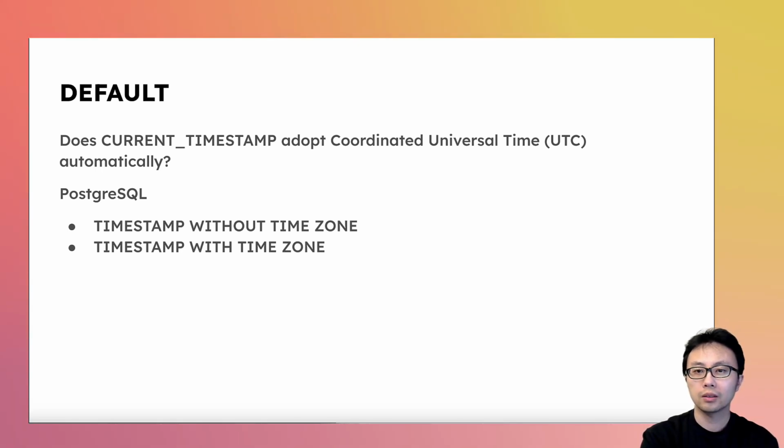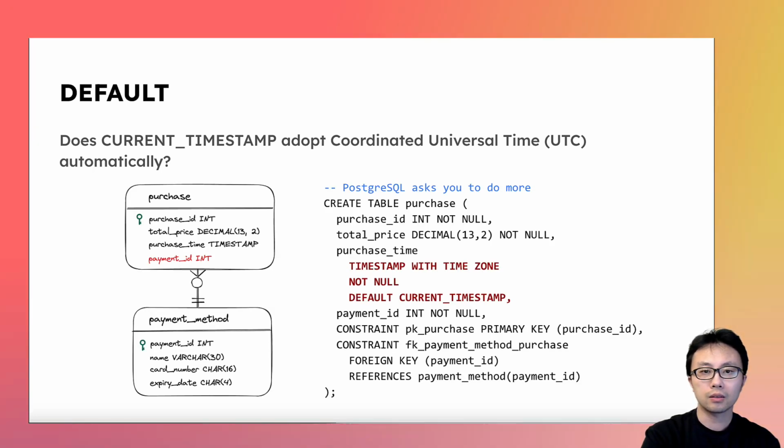If you are dealing with a database supporting users across different time zones, you want timestamp with time zone. Like this. You need to specify the data type as timestamp with time zone.